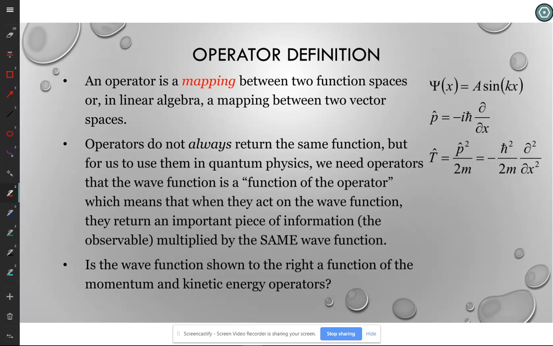So it maps between two vector spaces, the vector space of your wave function and the vector space of your observable. Operators do not always return the same function, but for us to use them in quantum physics, we need them to. If the operator acted on the function gives you a real observable, which we call an eigenvalue. So when I start saying eigenvalue, don't get freaky.